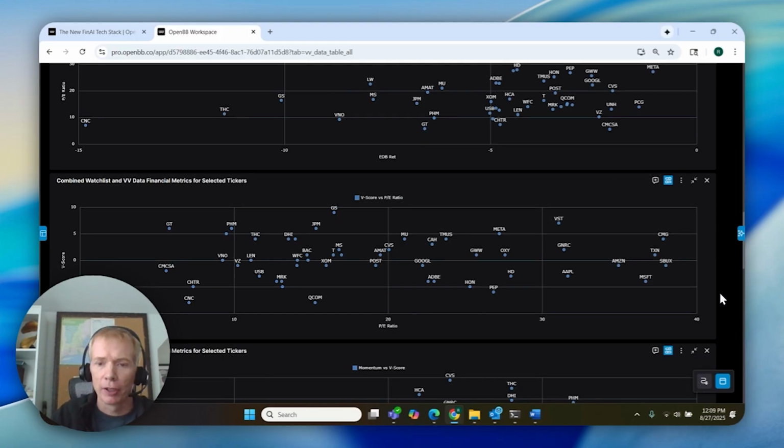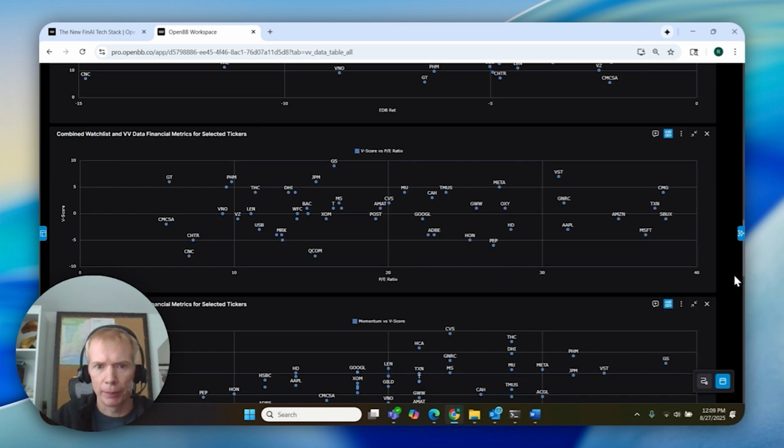So there's really not any relationship here. So this is kind of interesting. Ideally you would want a V score above 0, with again not necessarily the lowest P ratio, maybe not the highest, maybe something in the middle. And here we have Micron. So kind of a ticker that keeps popping up again.